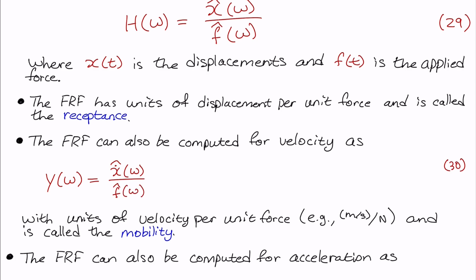So in this case, it's just the Fourier transform of that velocity signal, which we can use the derivative property and write this then as minus j omega x hat of omega divided by f hat of omega, which is then equal to j omega times H of omega.